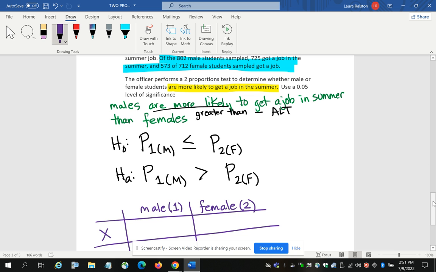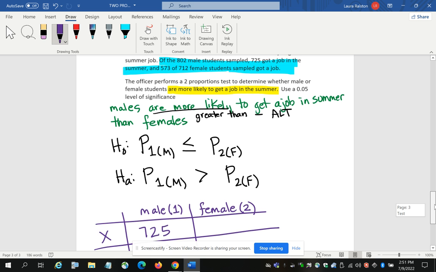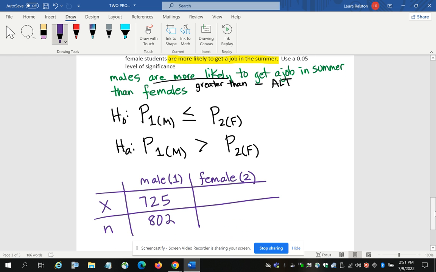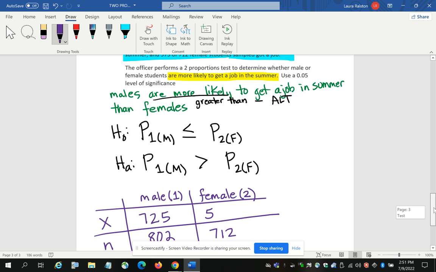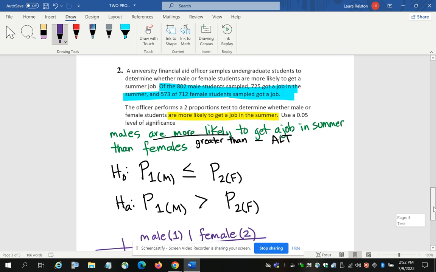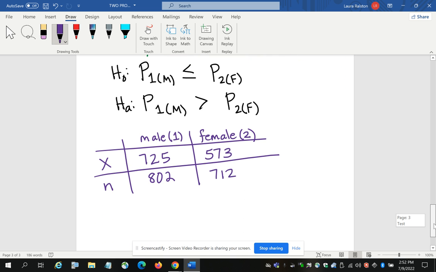It tells us that 802 male students, so I had a total of 802, and that 725 got a job. And then it says 712 females were surveyed and 573 got a job. It also tells us to use a 0.05 level of significance.